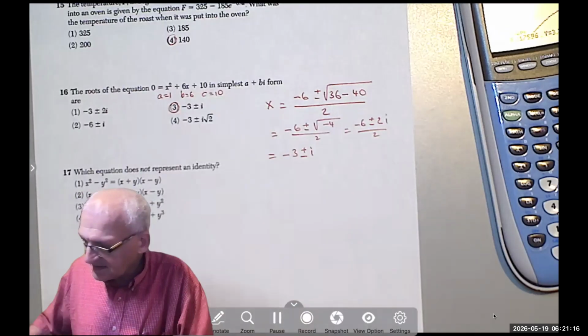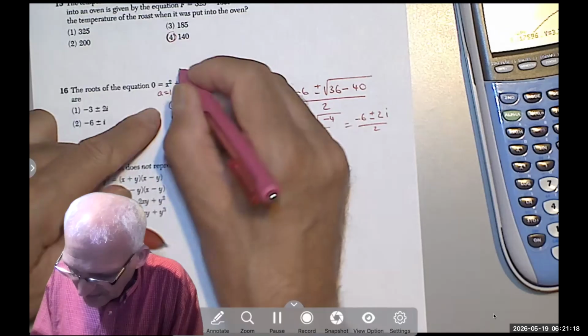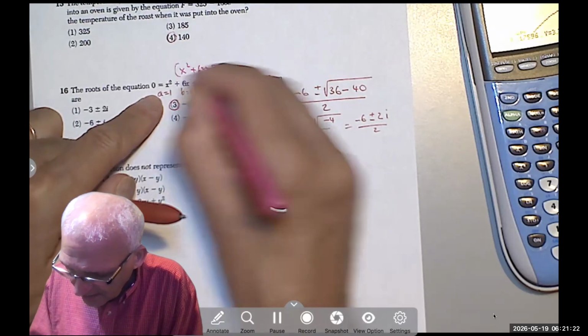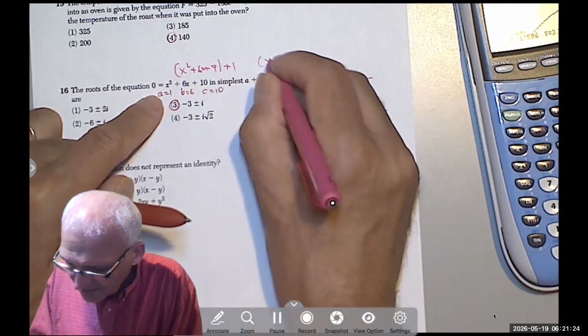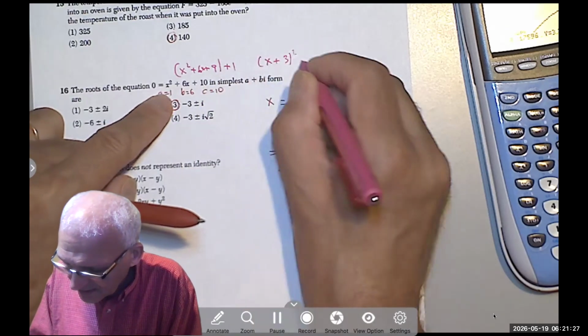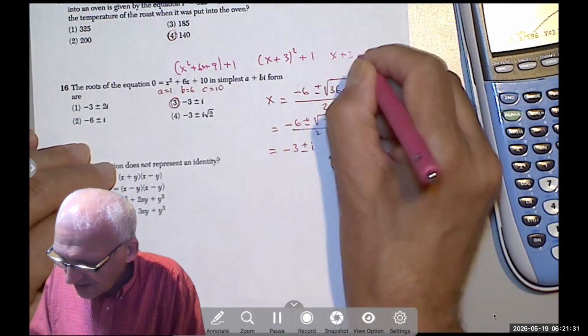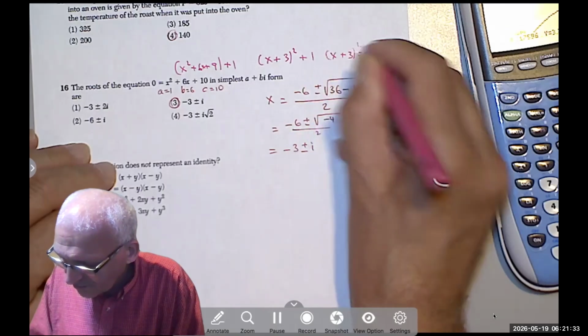Of course, I can say completing the square, this is x squared plus 6x plus 9 plus 1, which is x plus 3 squared plus 1 equals 0. So x plus 3 squared equals negative 1.